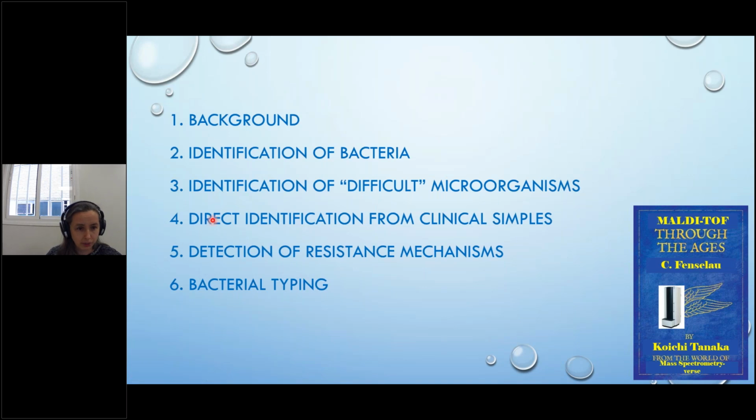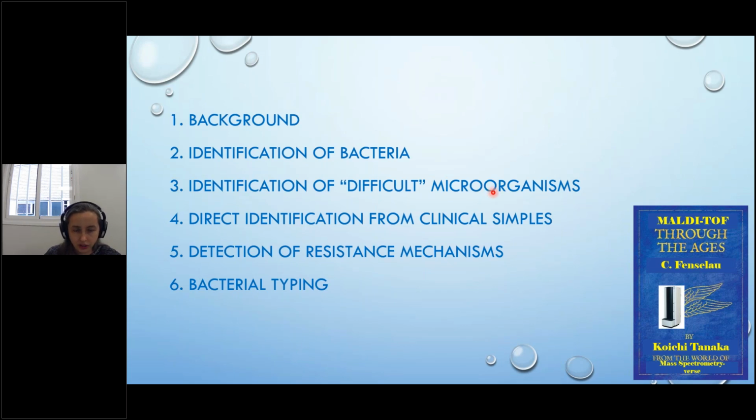I'll give you a little bit of background, and then I'll talk about the identification of bacteria, which was the first task assigned to this machine, and then how the difficulty of the identification was increased, with identification of difficult microorganisms.